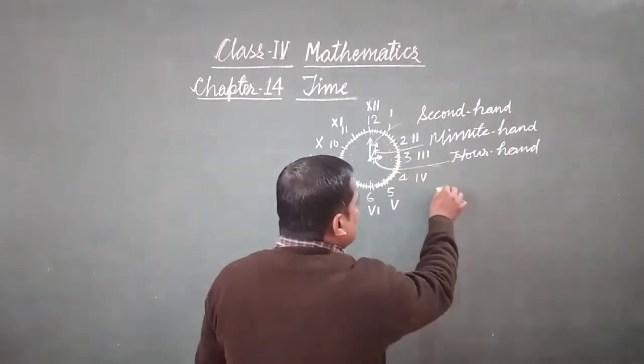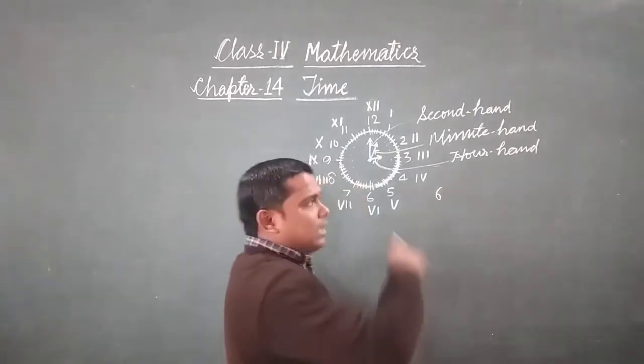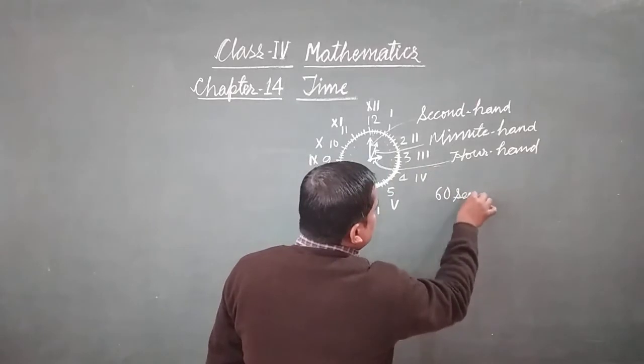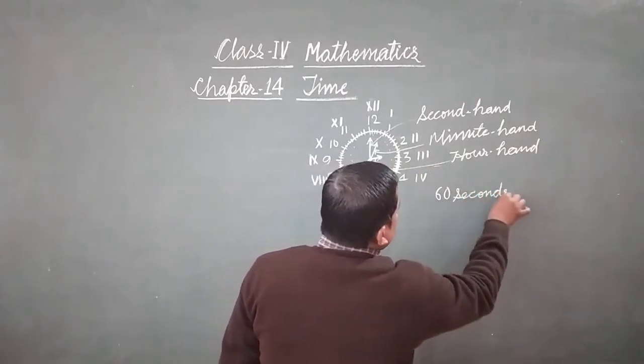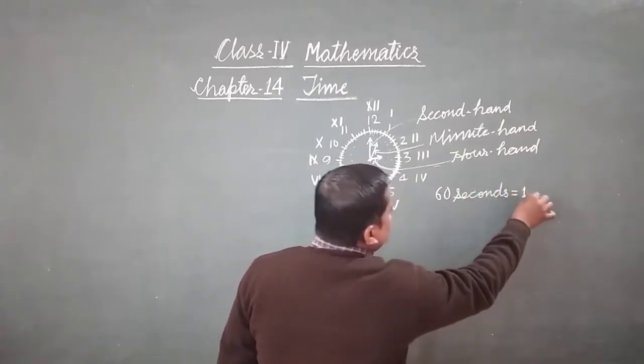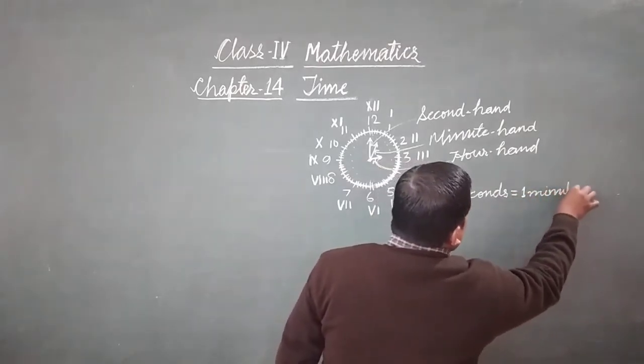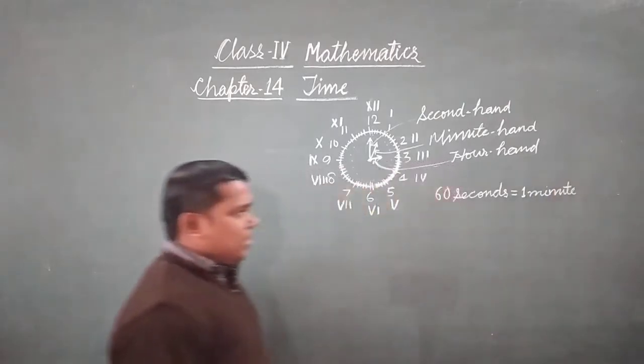Means if the second hand completes one complete rotation here, then it covers 60 seconds, and this 60 seconds is equal to 1 minute. Okay.